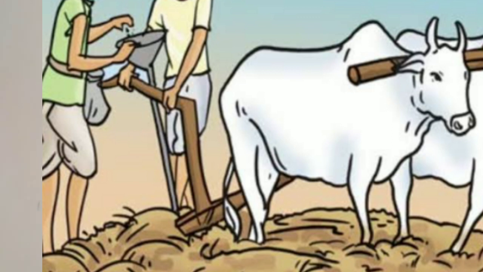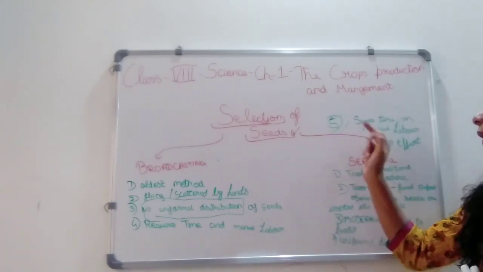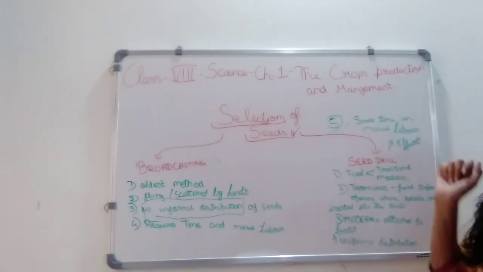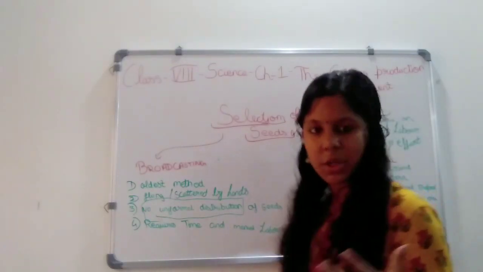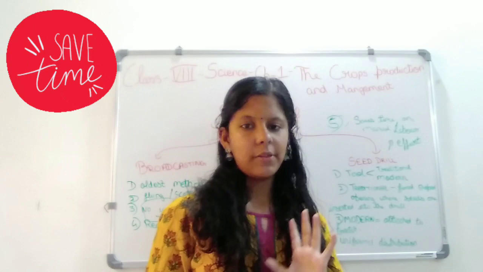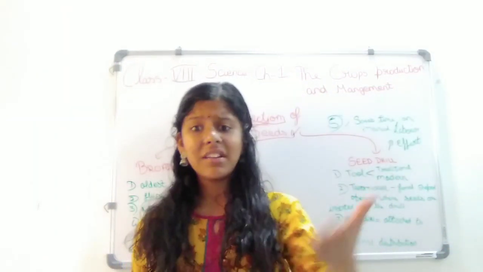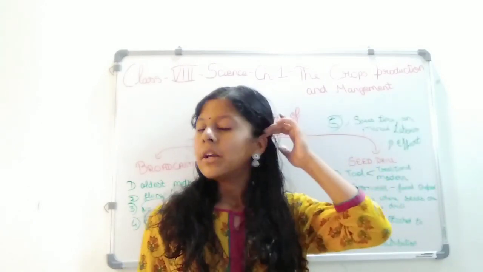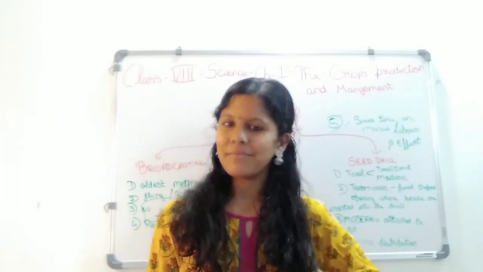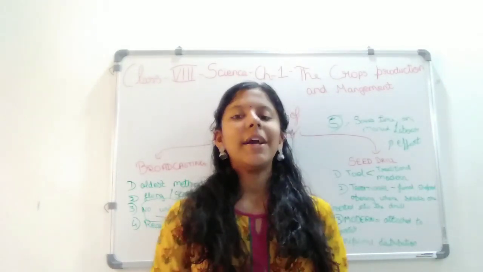So I have told you both methods. One more thing: the manual labor effort. For the traditional method, you will need just two manual labors, and it's enough. In the tractor, if you are using the modern method, only one labor is needed.